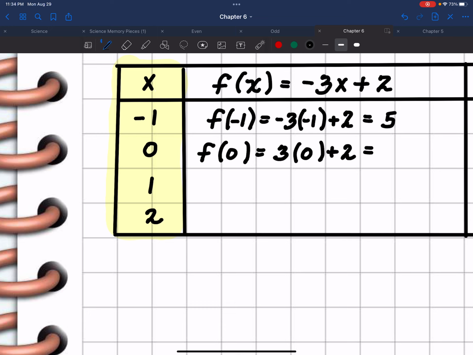That is 0 plus 2, or 2. Then f of 1 is negative 3 times 1 plus 2.